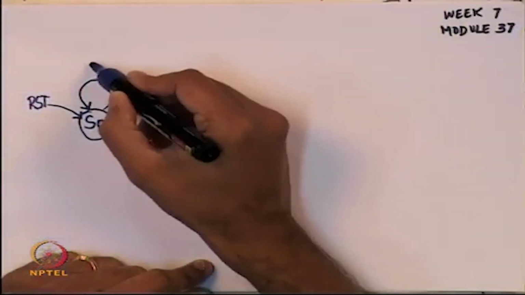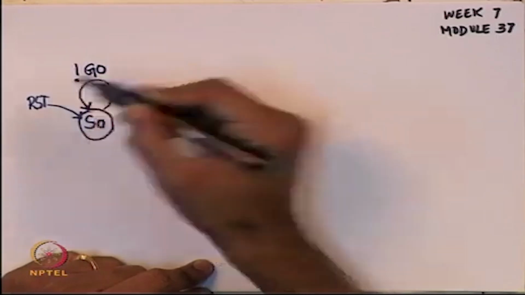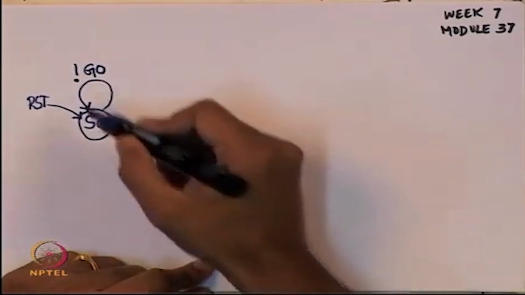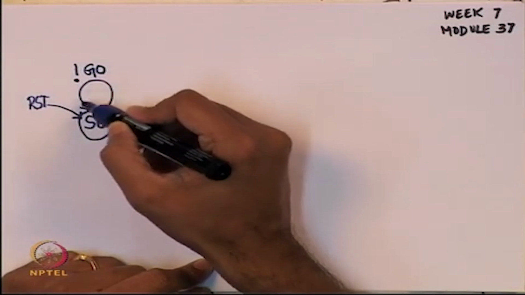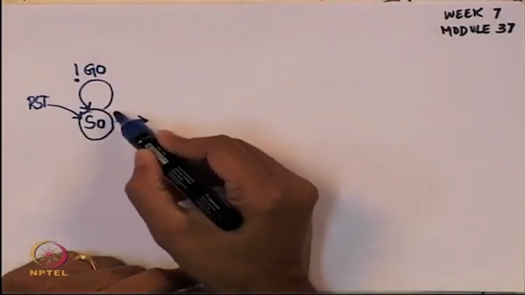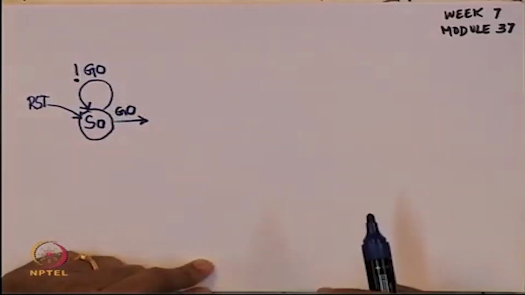So, the first thing I am going to draw is that if we do not get go, where this exclamation means not, remain in this state itself. However, if we get go, we can start processing the external inputs.